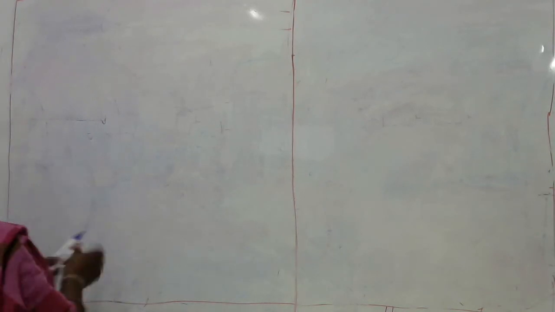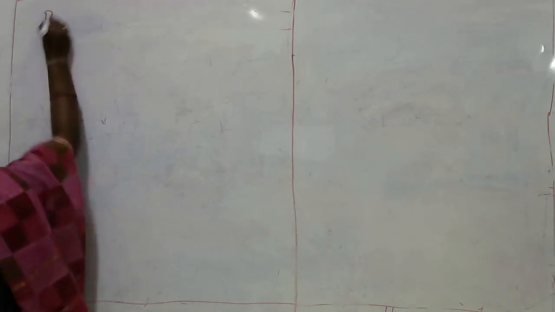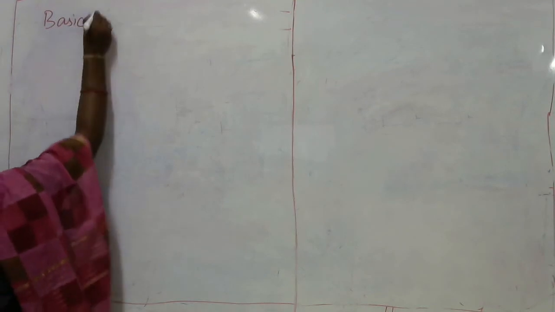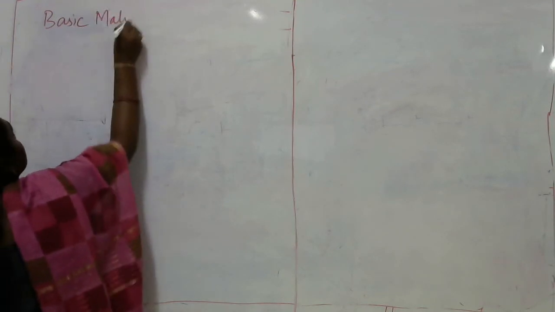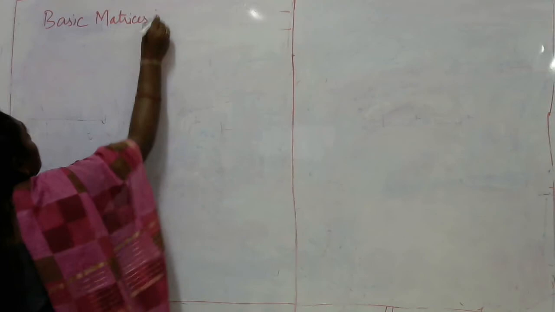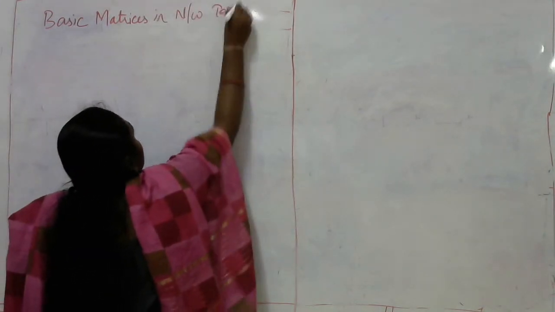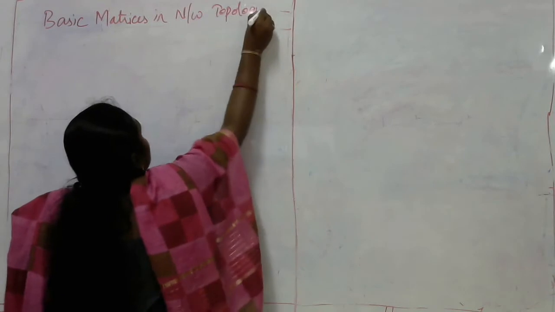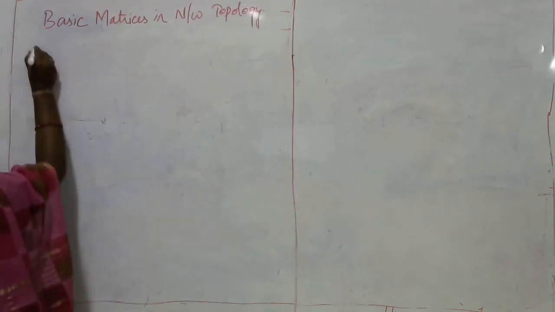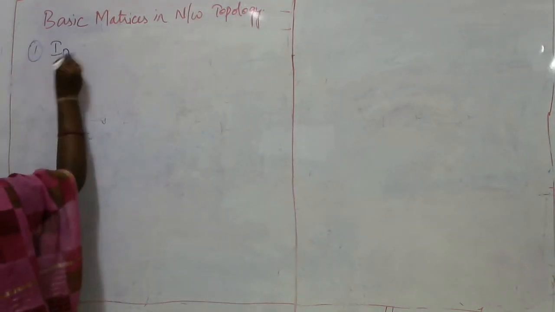So the basic matrices involved in network topology: the first one is the incidence matrix.